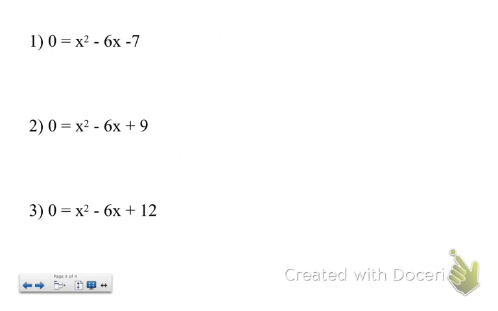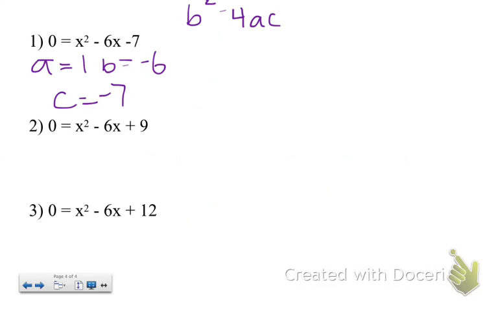Alright, so for example, we can look at each one of these quadratic equations and figure out how many solutions it has. So remember, b squared minus 4ac is our discriminant. Well, in this case, a equals 1, b equals negative 6, and c equals negative 7.